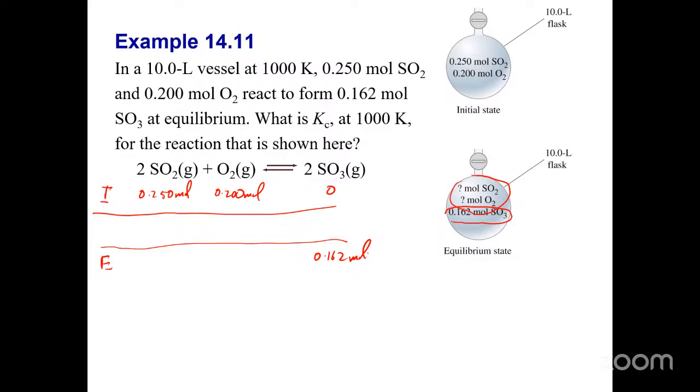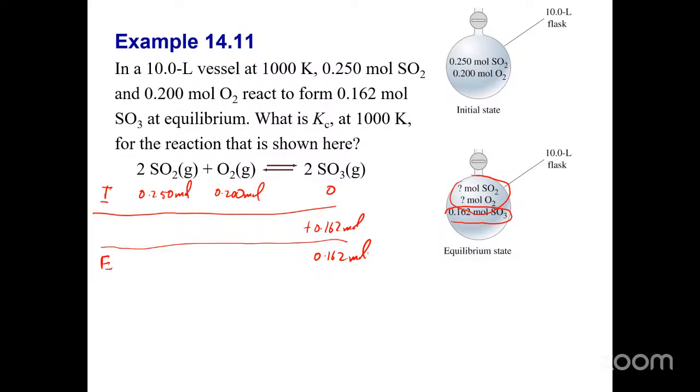It's based on the stoichiometry of this equation here. Firstly, as far as the SO3 is concerned, the change in the amount of SO3 would be plus 0.162 moles, because we're going from 0 moles of SO3 to 0.162 moles.